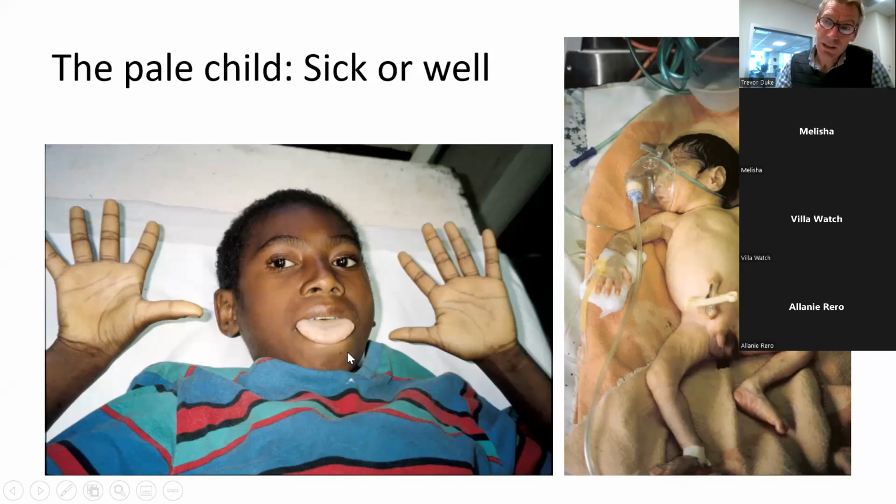The striking difference between these two photographs is that this boy was 1.6 grams per deciliter, and this small baby, also very pale at the time of birth, had a hemoglobin of 6 grams per deciliter. This small baby looks sicker than the teenage boy. So when you're thinking about a child who's pale or anemic, you need to ask yourself, is the child sick or well?